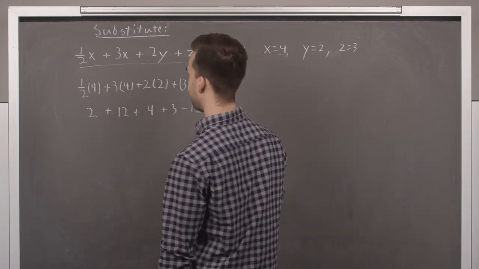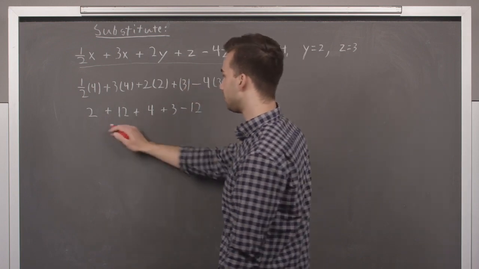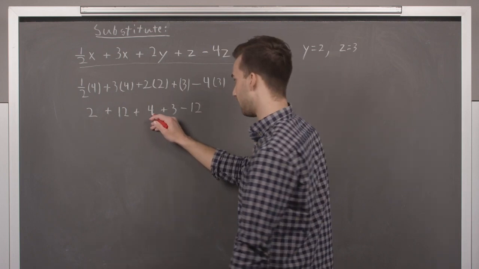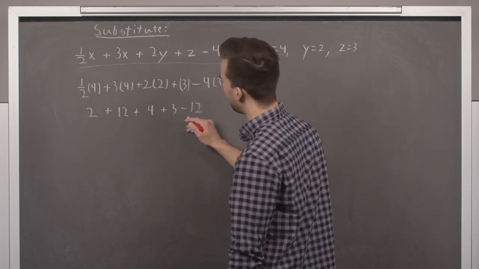And we can just add this all up. 2 plus 12 is 14. 14 plus 4 is 18. 18 plus 3 is 21.